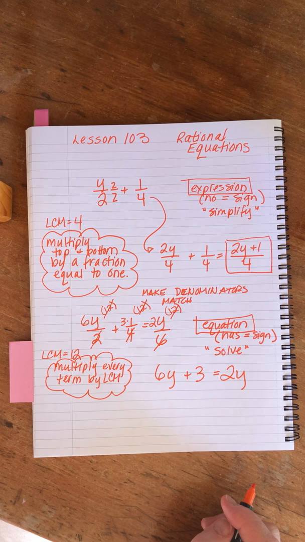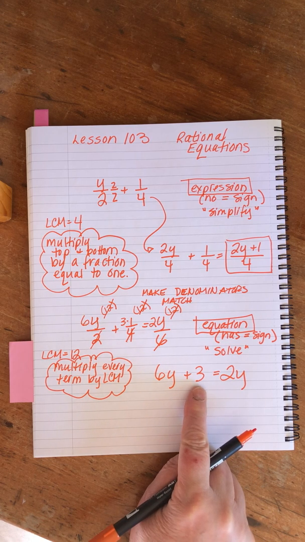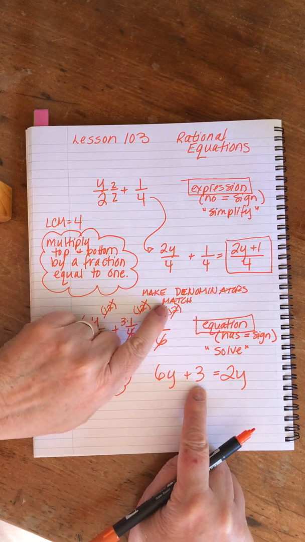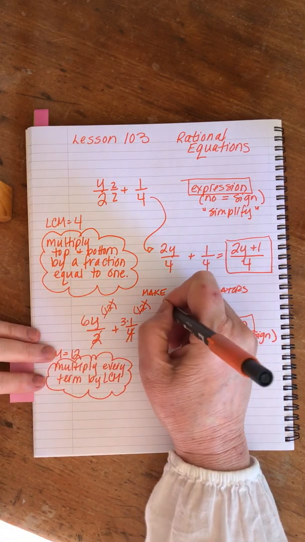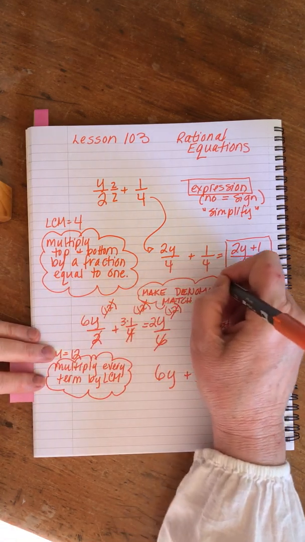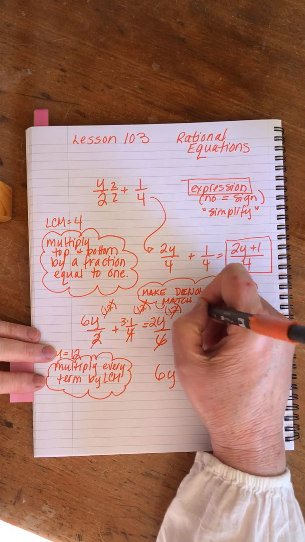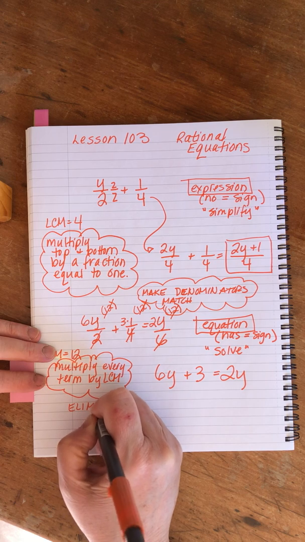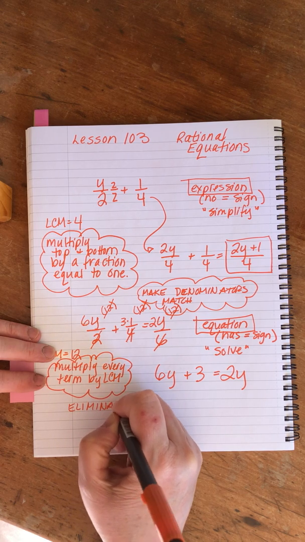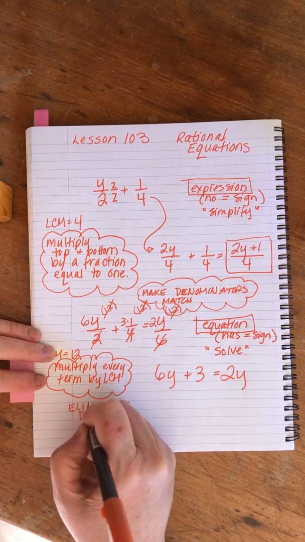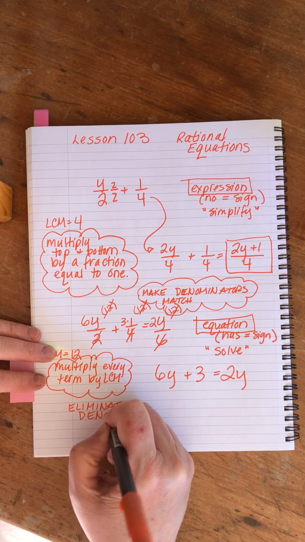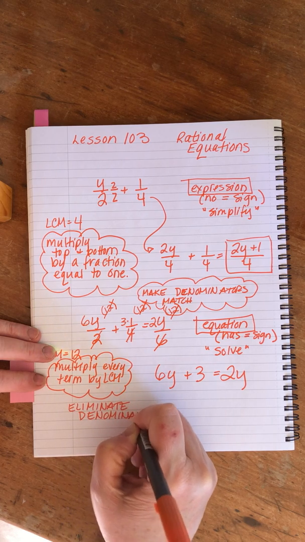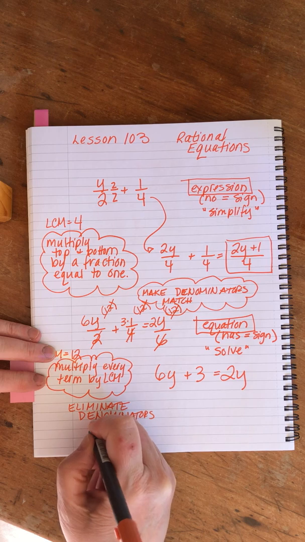Oh, that's different, isn't it? So in this, here we could only make the denominators match. That was the best we could hope for. Here, we can eliminate denominators completely.